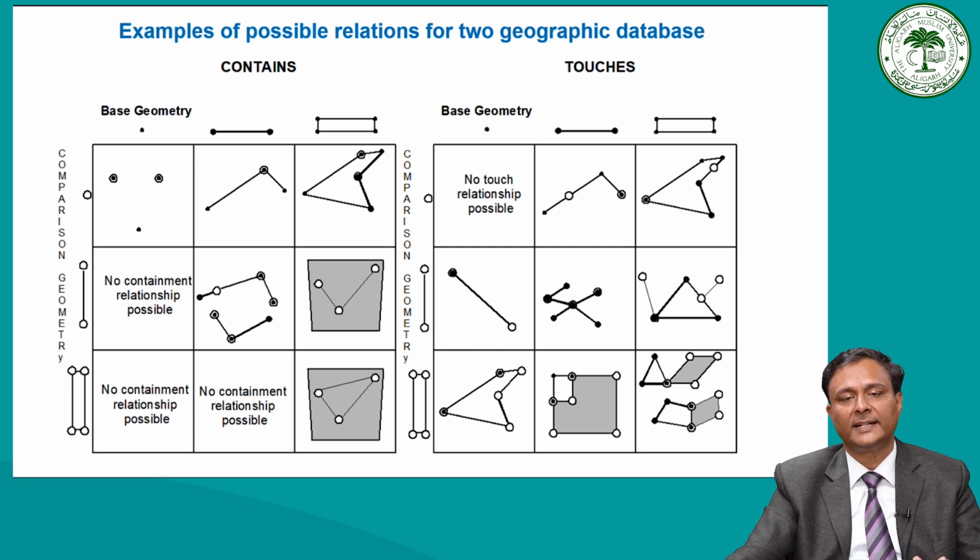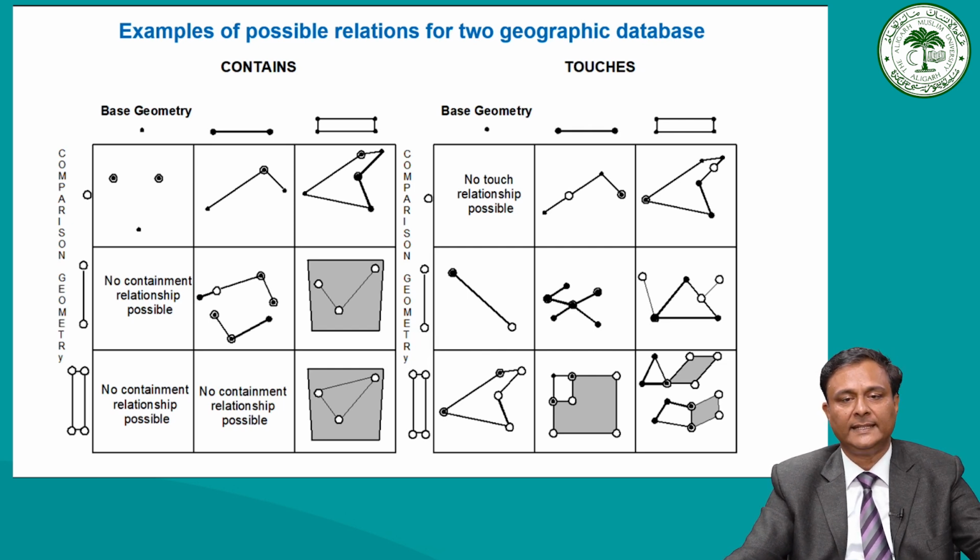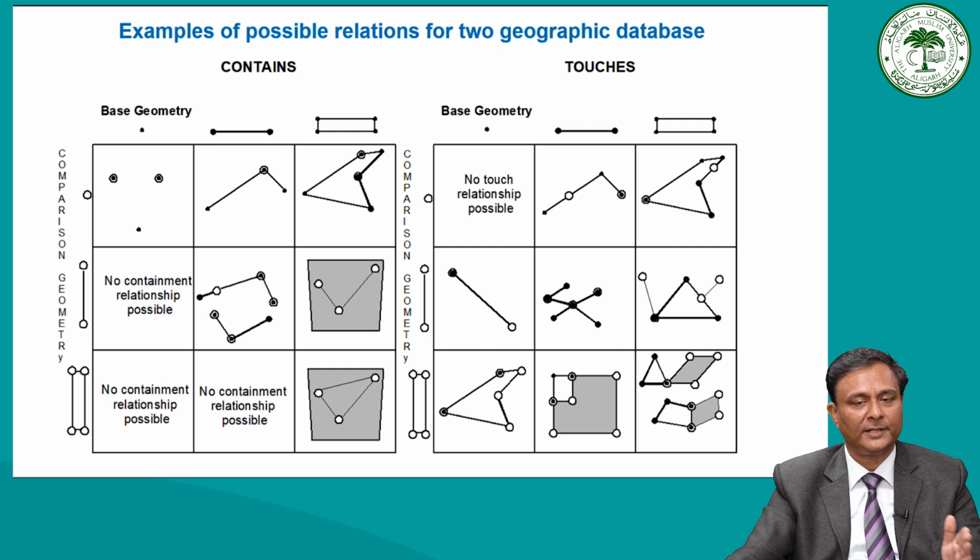The diagram shows contains when one geometry completely contains another with point, line and area entity, with several spatial combinations and possibilities. You can see here. Another example is for touches, when the geometries intersect at their boundaries with base geometries of point, line and area entities. So you can have many options.